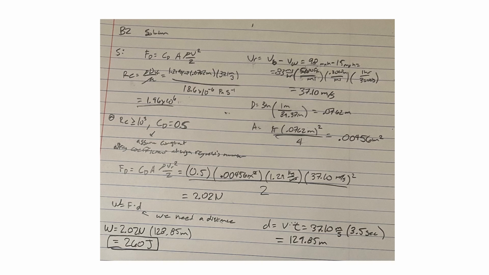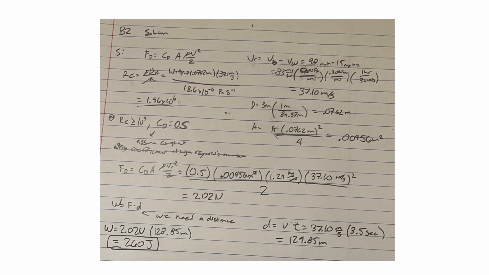This is so we can find the actual drag coefficient on the ball, and we find that our Reynolds number is a high number. It'll be between the 10 to the third and 10 to the fifth Reynolds numbers for high flow drag. So the CD will be constant at around 0.5.